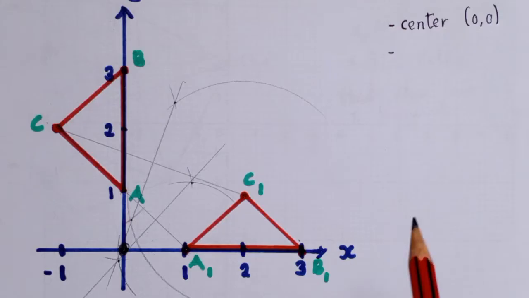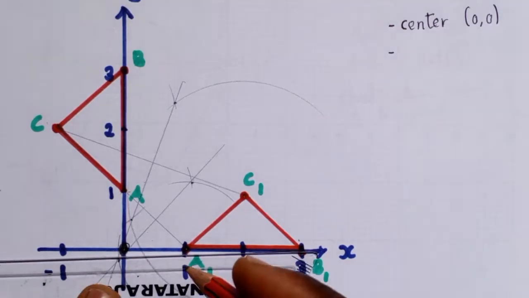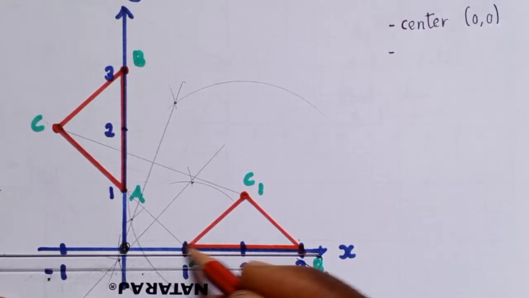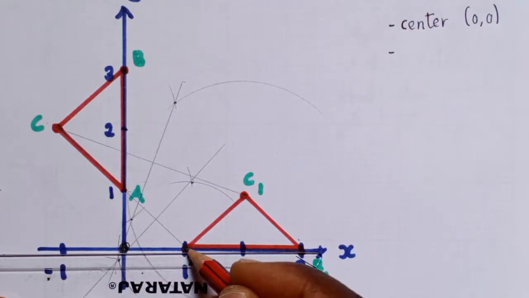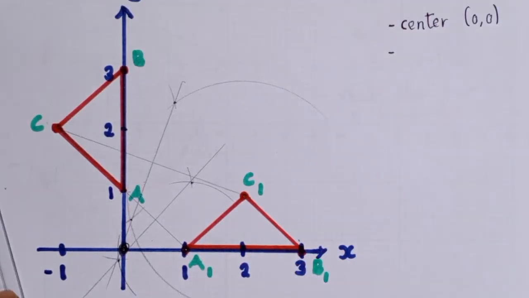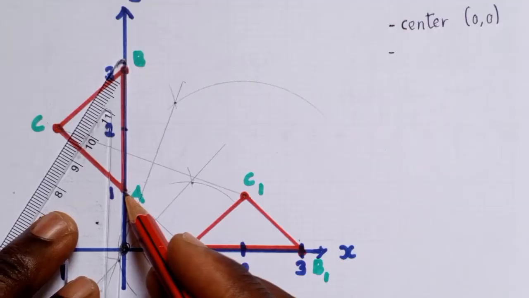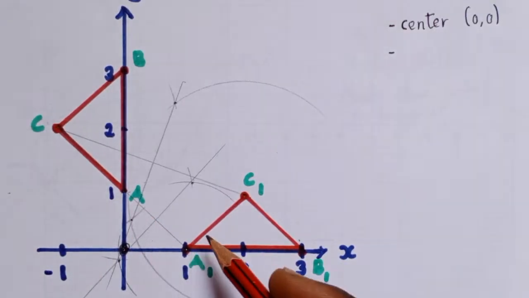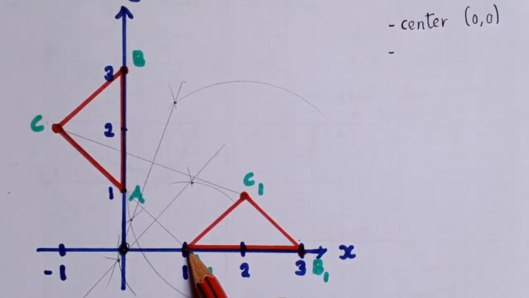When I pick A and A1, I have to join one A or A1 to the center of rotation, and then the other A, the original A, also to the center of rotation. In other words, the two points that you've picked, make sure you make a line that goes to the center of rotation.